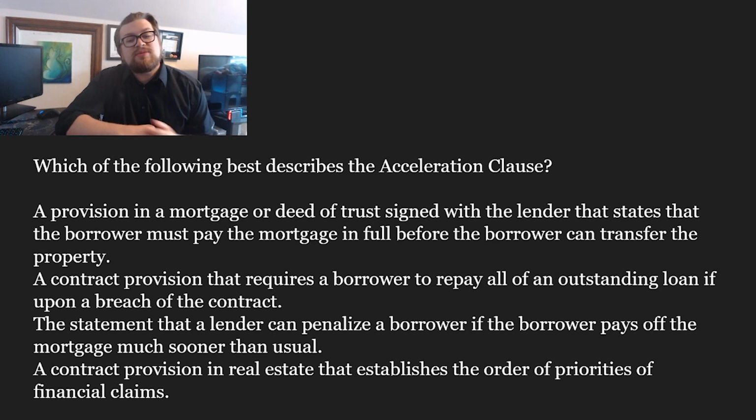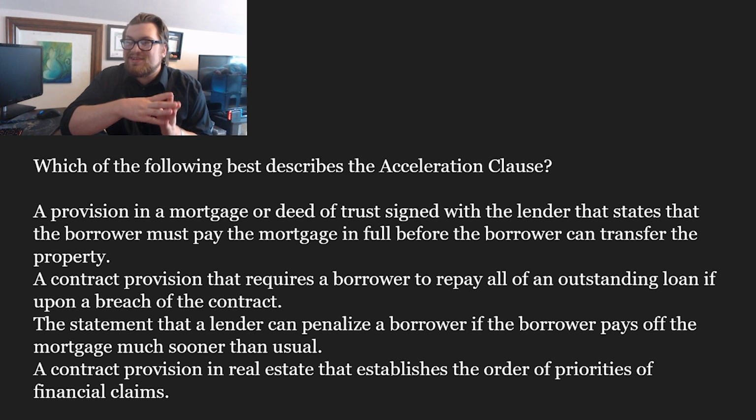Is it a contract provision that requires a borrower to repay all of an outstanding loan upon breach of a contract? Is it the statement that a lender can penalize a borrower if the borrower pays off the mortgage much sooner than usual? Or is it a contract provision in real estate that establishes the order of priorities of financial claims? So go ahead and pause if you want to read through that again. I know I kind of sped up there.